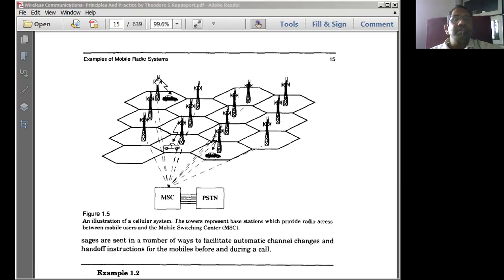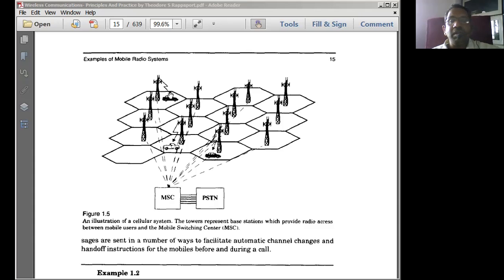And from these base station antennas, the mobile units are normally going to receive the signals. The mobile unit has been shown by a car or a moving vehicle, because the mobile is normally going to move from one place to another place. Therefore, we have shown it by using a car or any moving vehicle, in fact. So this car resembles a mobile unit.